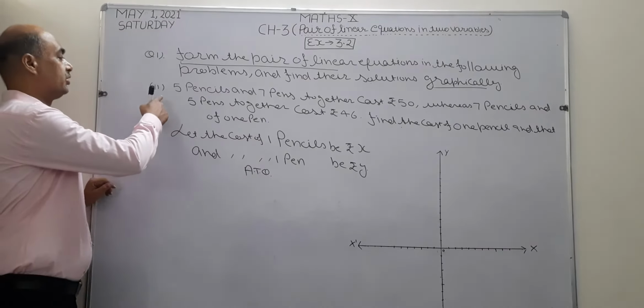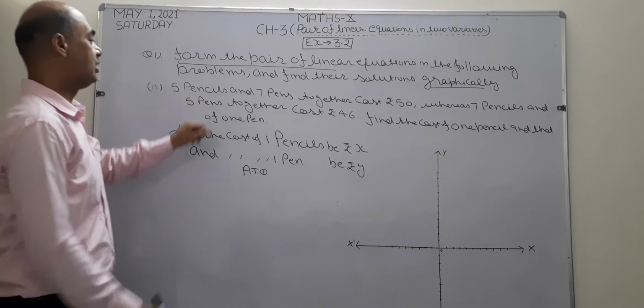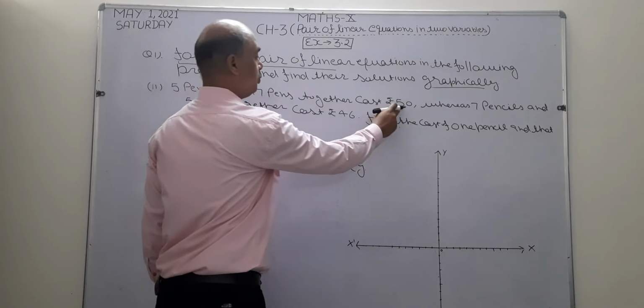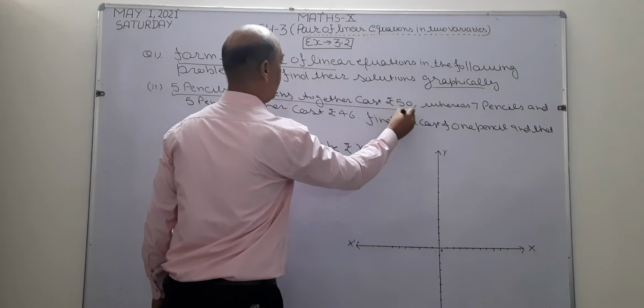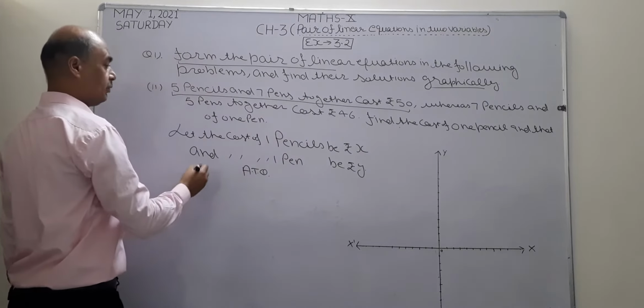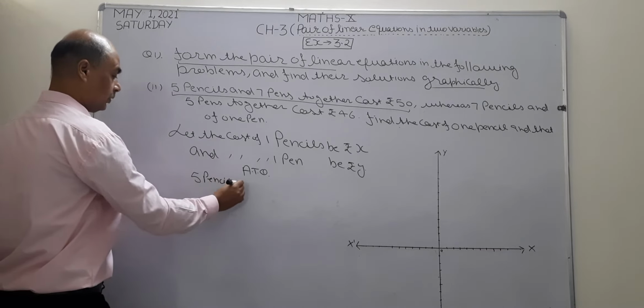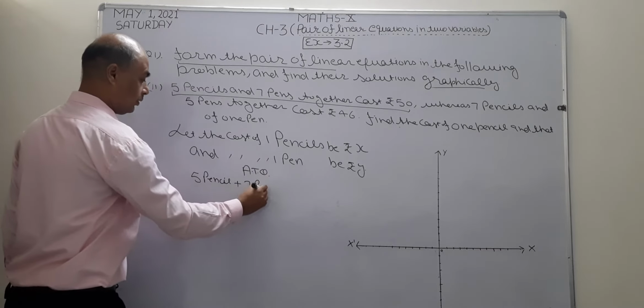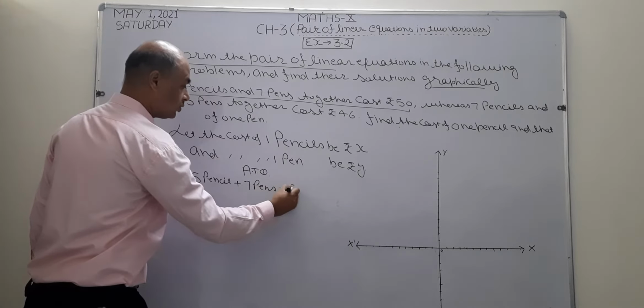Now I am going to solve its second part. Now see, question number 1, second part. What is given? 5 pencils and 7 pens together cost rupees 50. What is the meaning? 5 pencils plus 7 pens together cost rupees 50.